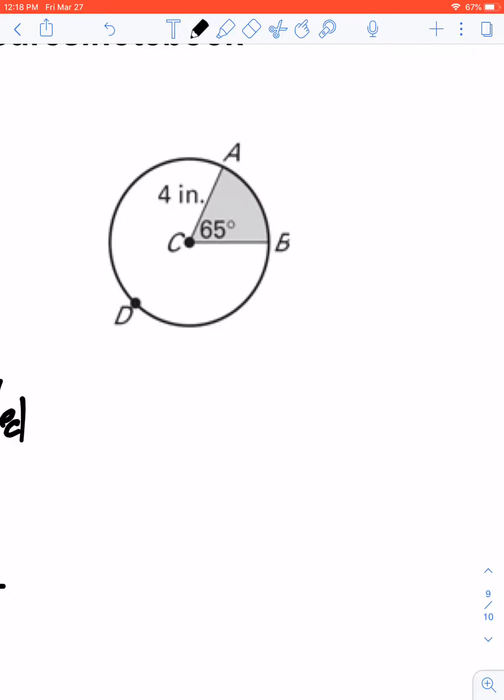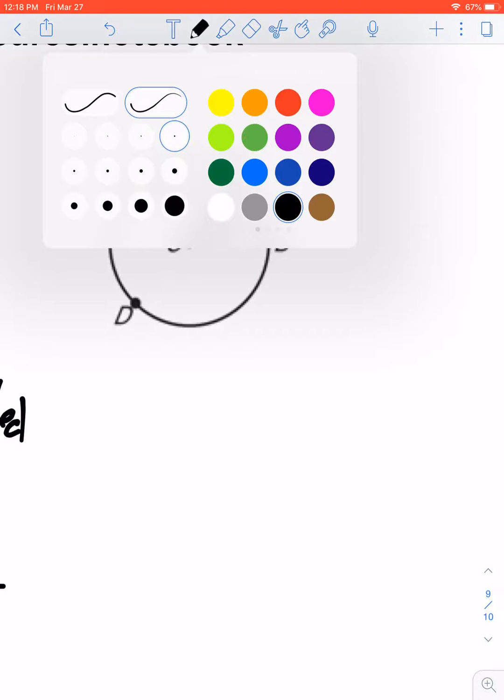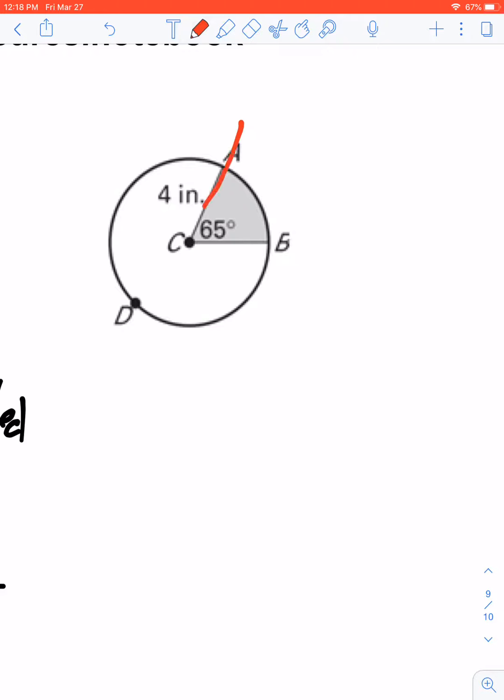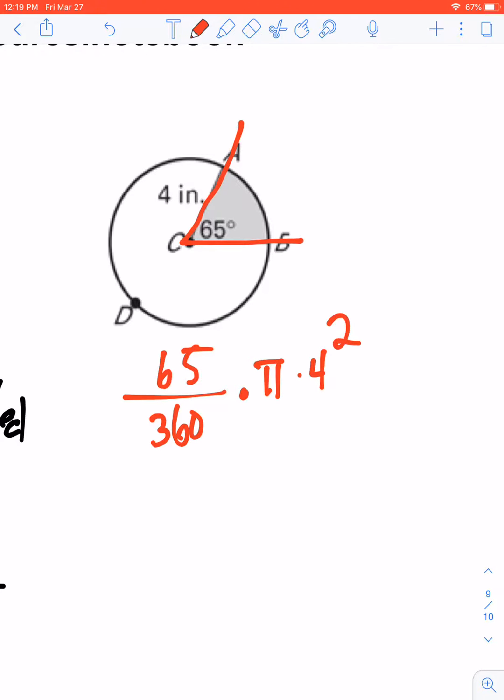All right, this is a pretty straightforward question. You should be able to identify that what the question is asking is just for the area of a sector. Why? Because it's a piece of pizza and they want to know what its area is. So again, we're dealing with area, not arc length. So I'm going to take 65, which is the part, over the total, times pi, and my radius is 4 squared.